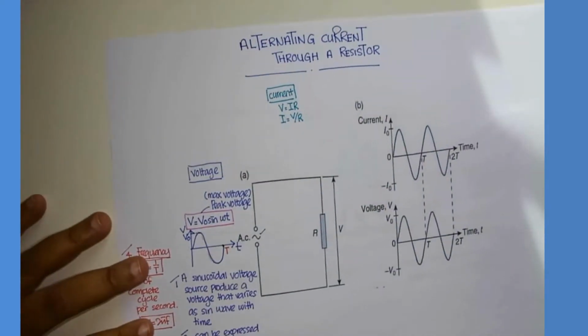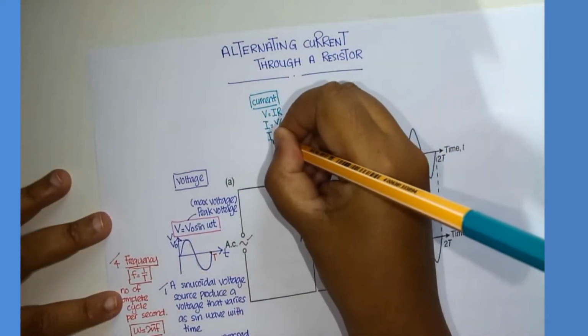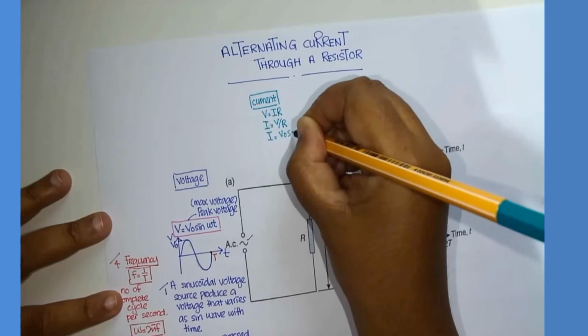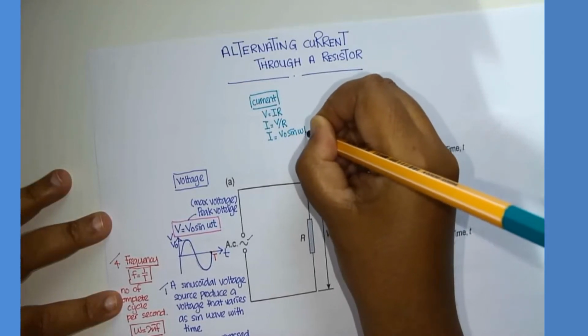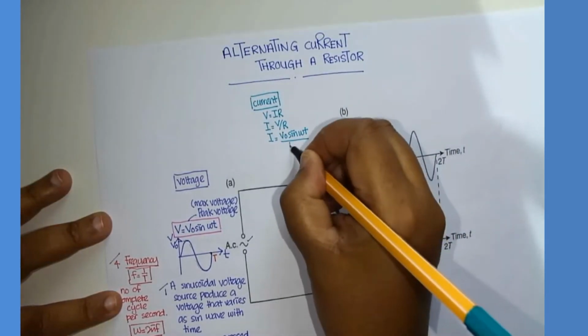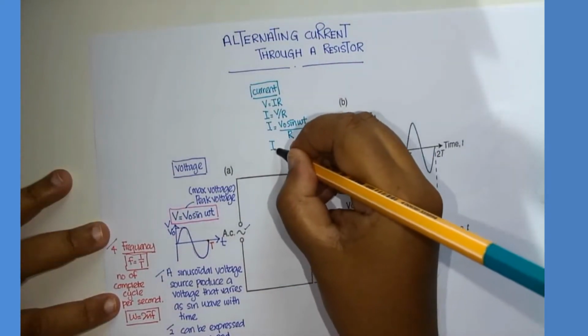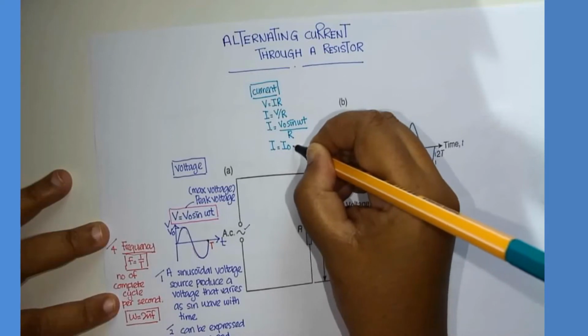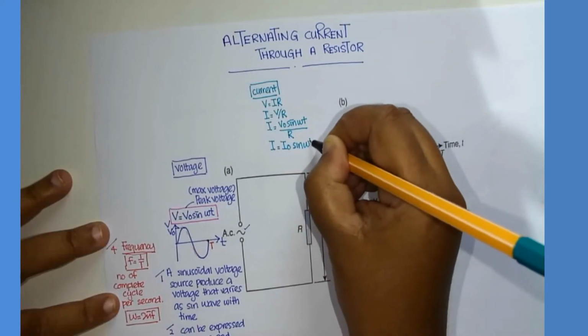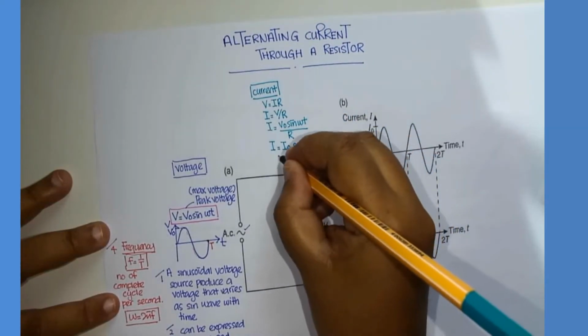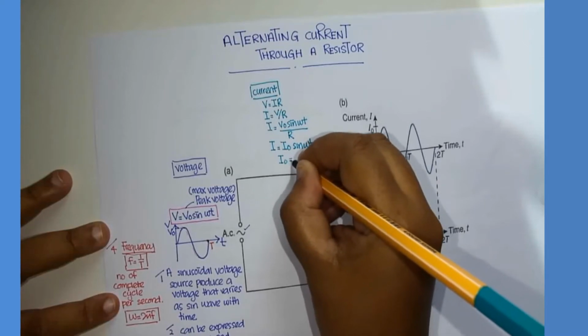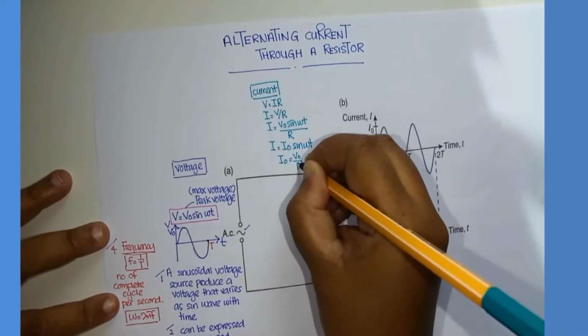So I equals V naught sine omega t divided by R. That gives I equals I naught sine omega t, because I naught equals V naught over R.